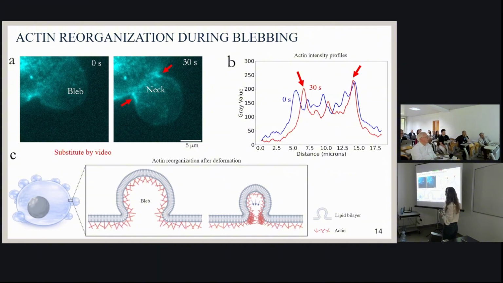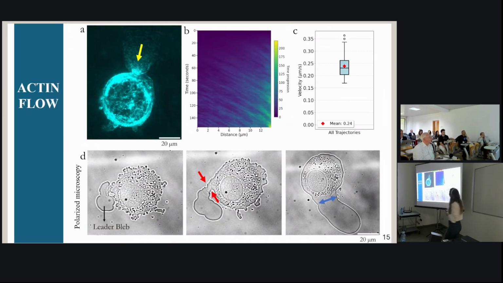This is just the schematic representation of the blebbing that I told you about. At the beginning we have the bleb, and then the actin starts to concentrate in the space of the ring, and the cell starts to retract. In these images, I show you a little bit about the actin flow that we saw inside the cells.